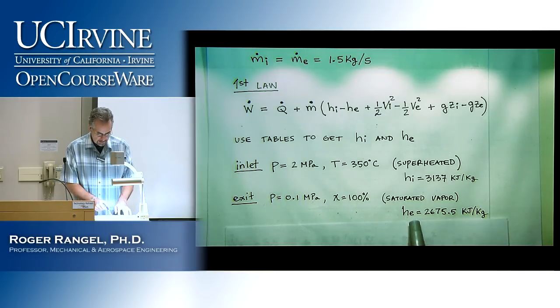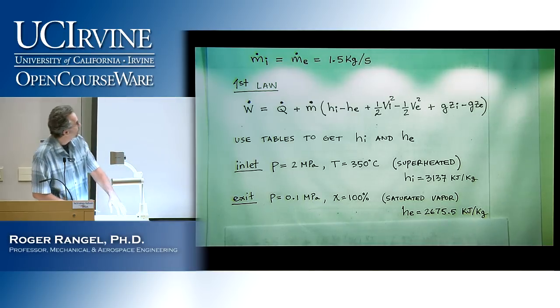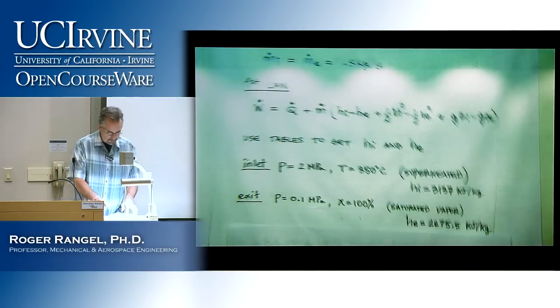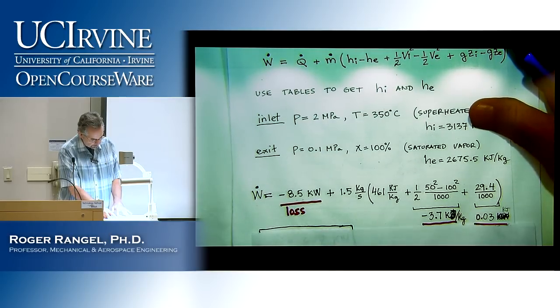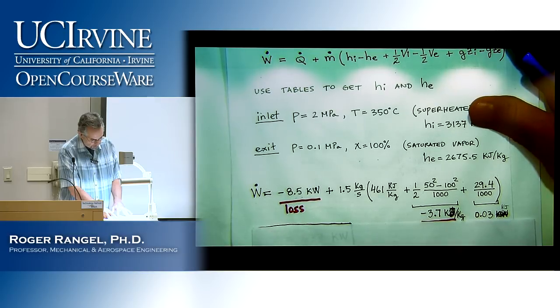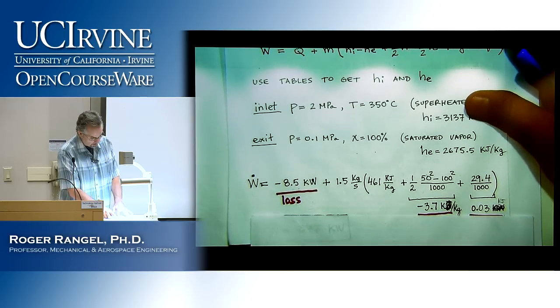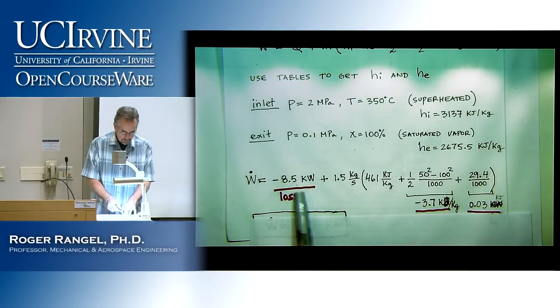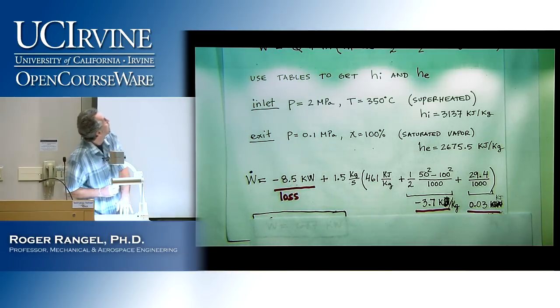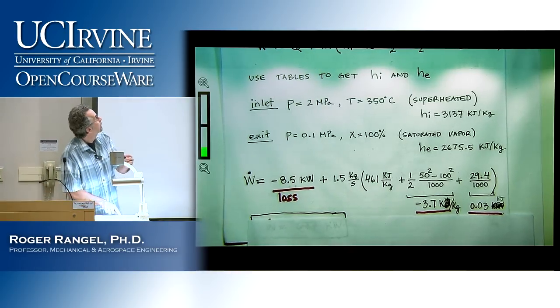So h sub e is the h sub g at 0.1 megapascals, and you get that number from the table. So now we really have everything. There is nothing really confusing about this problem, but here are the numbers. I just want you to take a look at the numbers that we get. The minus 8.5 kilowatts is the heat loss.